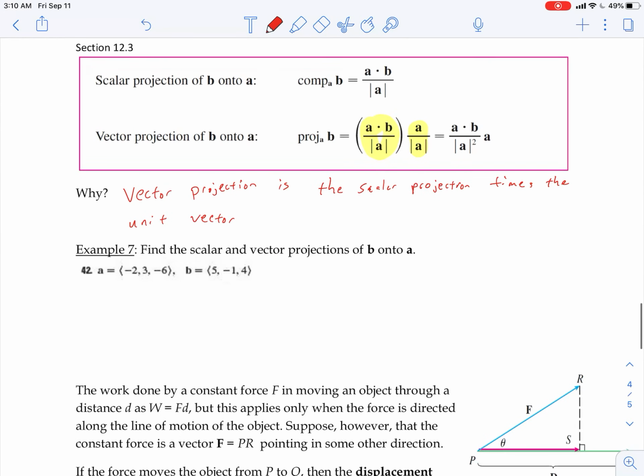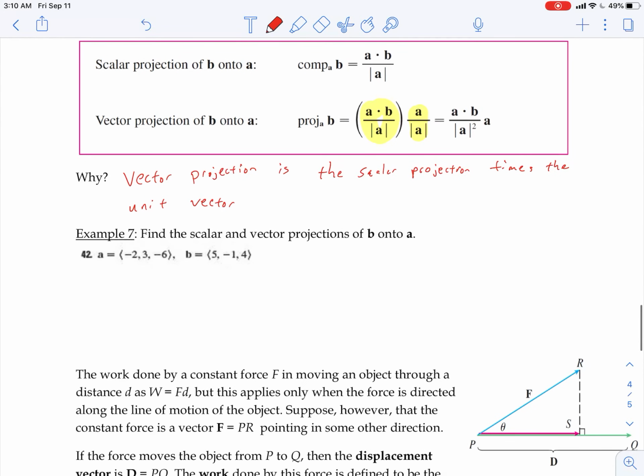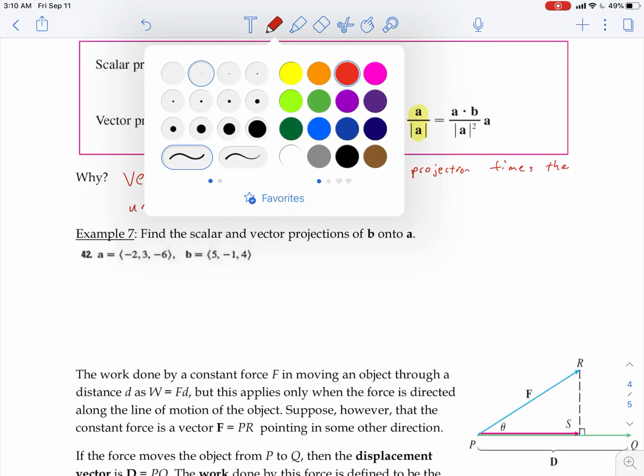All right, so we want to find the scalar and vector projections of B onto A. We're going to find the scalar projection first.